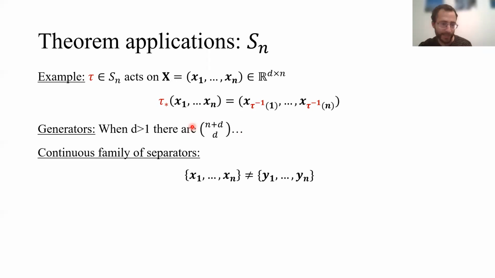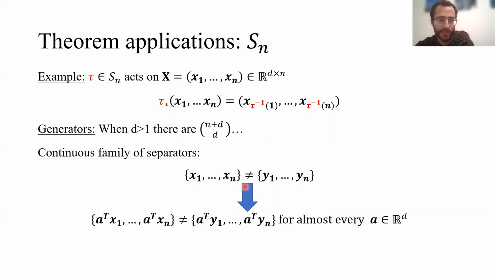Let's imagine we get two point clouds, x1 to xn and y1 to yn, and they're not equivalent up to permutation, which essentially means that as multisets they're not equal. Our idea is to take this set of vectors and project it down to 1D.